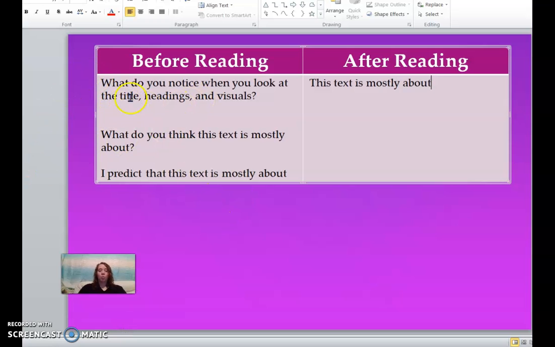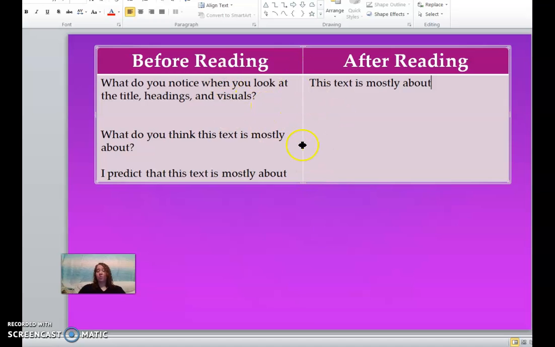So, what do you notice when you look at the title, the headings, and the visuals? What do you think this text is mostly about? Once you preview the text, write a prediction statement, and you can use the sentence starter. I predict that this text is mostly about, and go ahead filling that in.